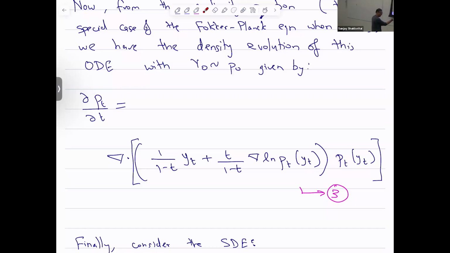The way I would do this, thinking aloud now, is to do a time change, to map 0 to 1 to 0 to infinity, and then it'll give back the original equation. I'm not able to think in real time on this, but there's time compression happening from 0 to 1 to 0 to infinity. That's really what is happening, which is why that 1 by 1 minus t is in this business.